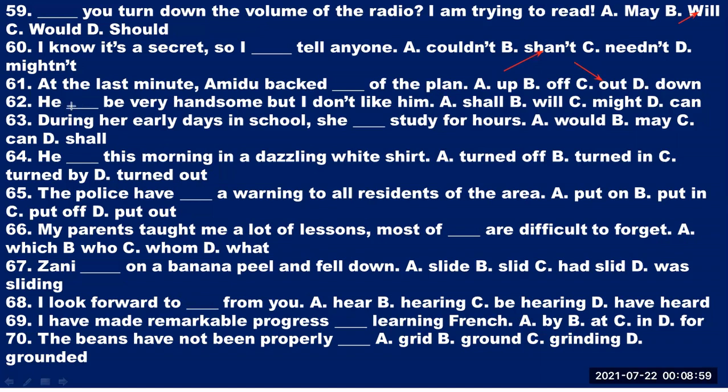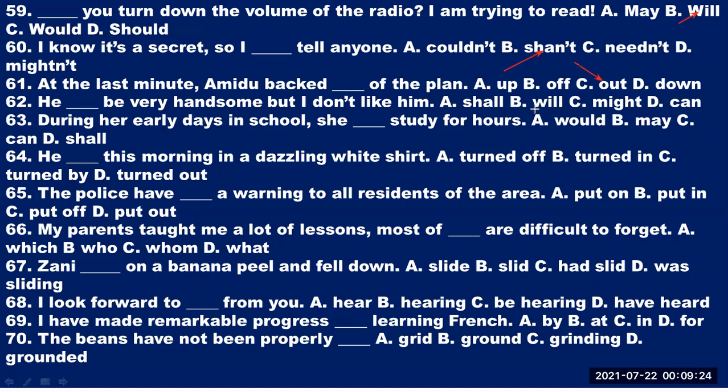Question 62. He dash be very handsome, but I don't like him. All right. He shall is not appropriate because we're already describing someone's condition. It is not referring to an action in the future. Then he will is also not correct because will points to the future.